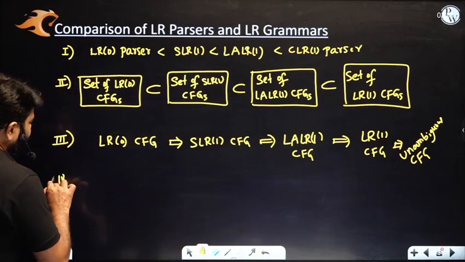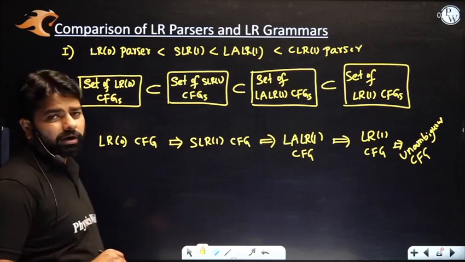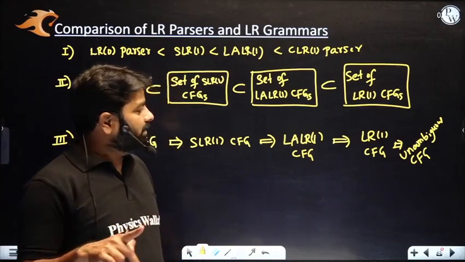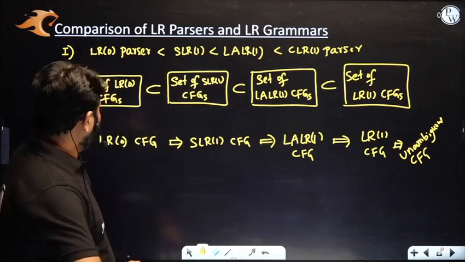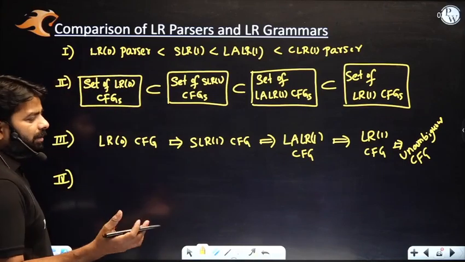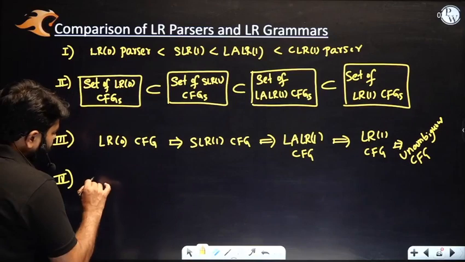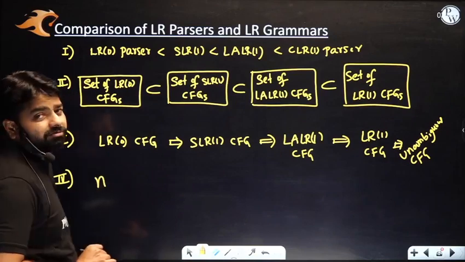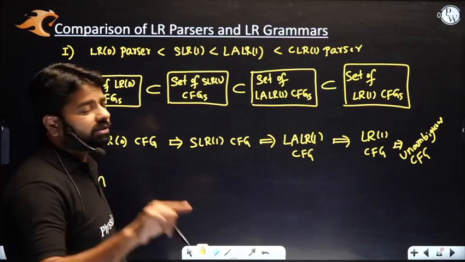The fourth one: when you talk about the table, the table also depends on the number of states. I am writing n to represent the number of states, also called the number of rows in the table.